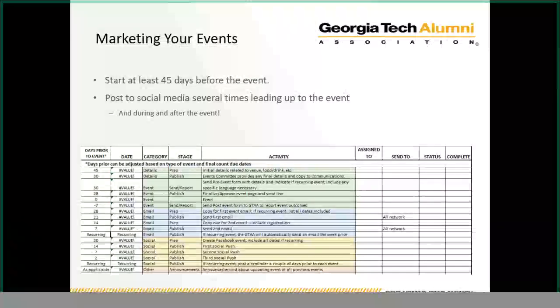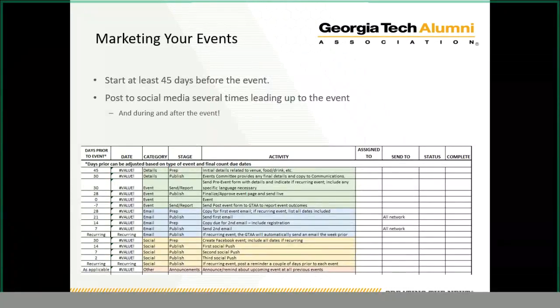If you open it up in Excel, it's pretty easy. The date column will automatically update based on the event date that you insert elsewhere in the sheet. So it's really easy to see those due dates and keep everyone on track. You will notice that the due dates start as early as 45 days out.